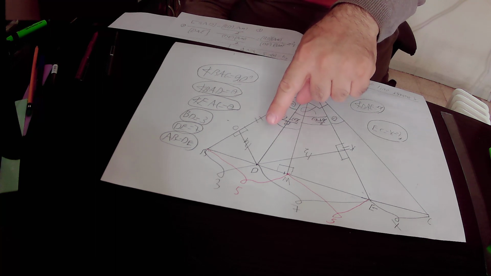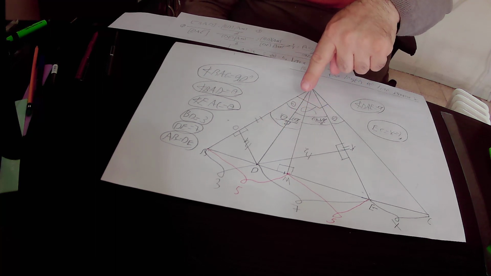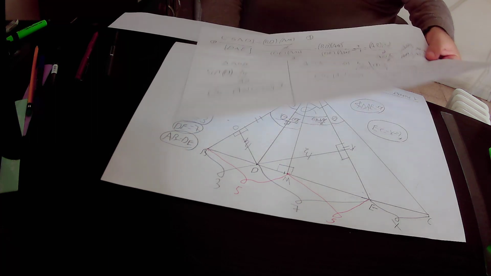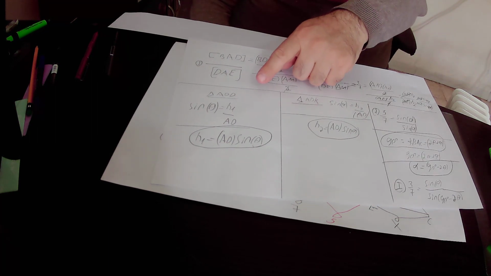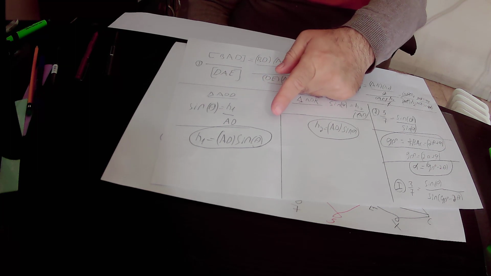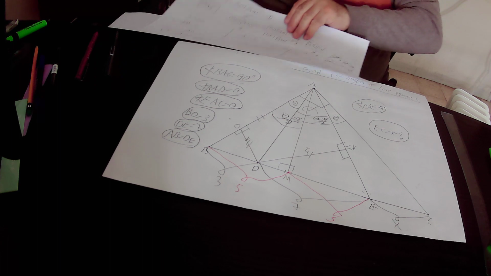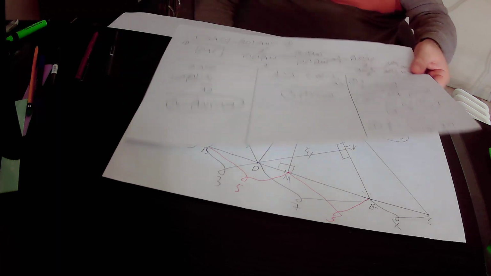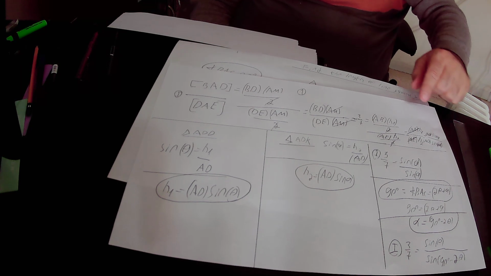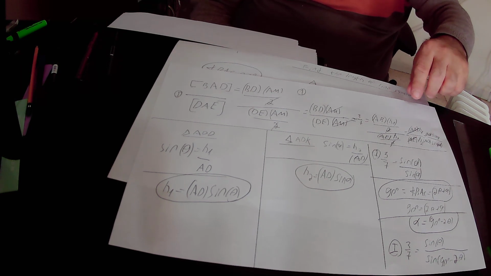In this right triangle, sine theta equals h1 over AD. We multiply this equation by AD and find that h1 equals AD times sine theta.